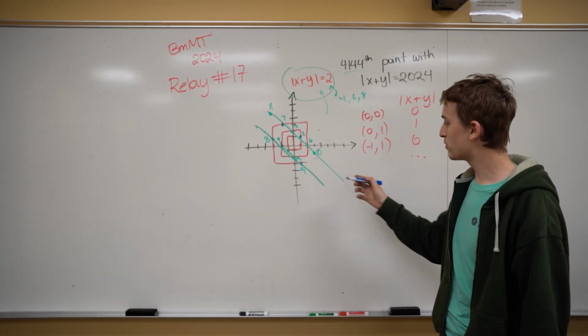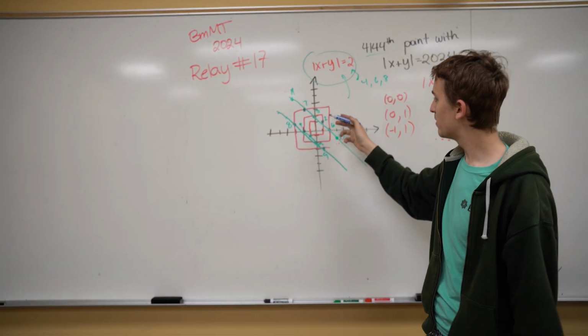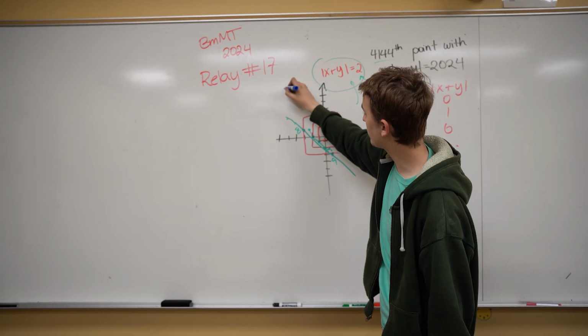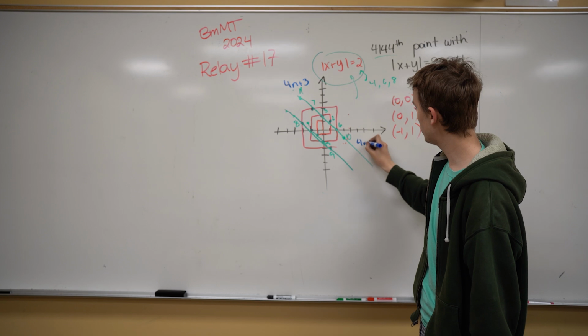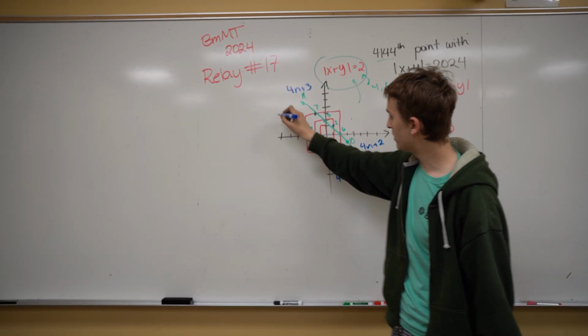So we notice that the multiples of 4 lie on this line in this direction, just as the intersections of the form 4n plus 3, and intersections of the form 4n plus 2, and intersections of the form 4n plus 1, all lie in these directions.